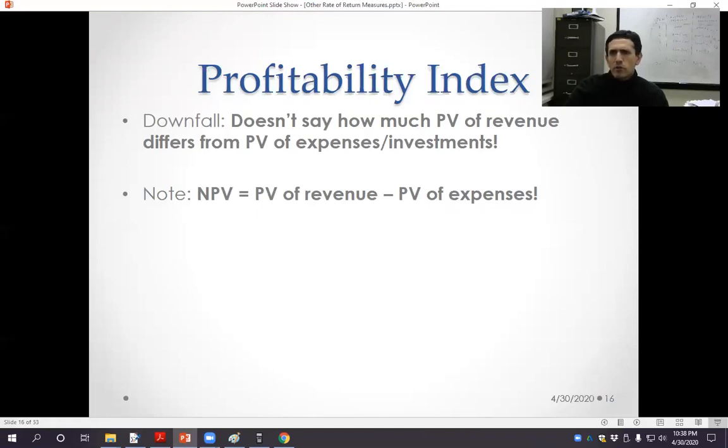So if you divide both sides by the present value of expenses, on the right-hand side you would get profitability index minus 1. Okay. So just doing that, you get that net present value is positive precisely when profitability index is bigger than 1.